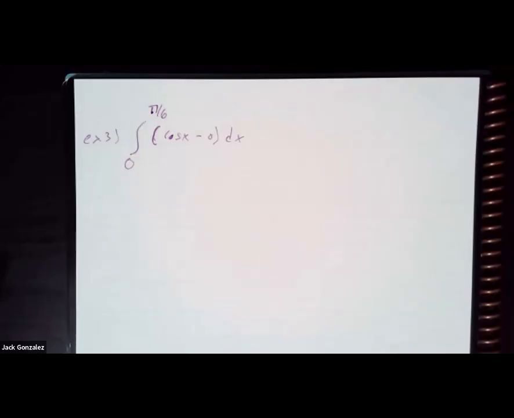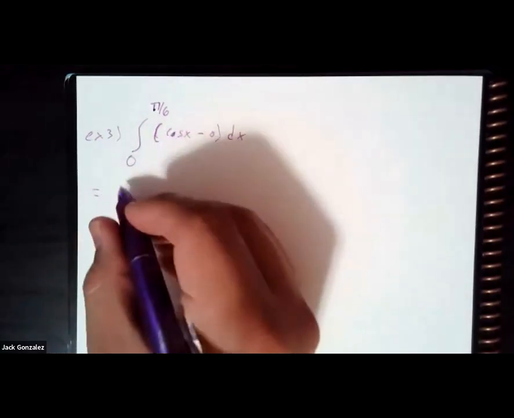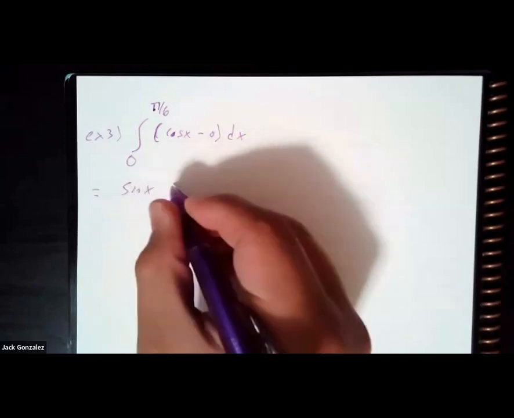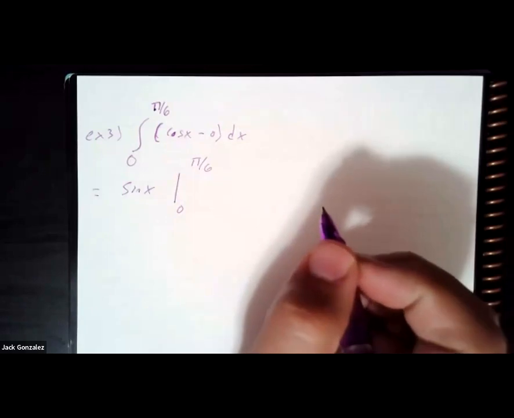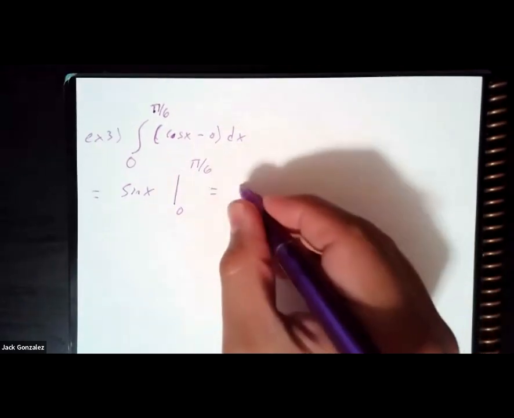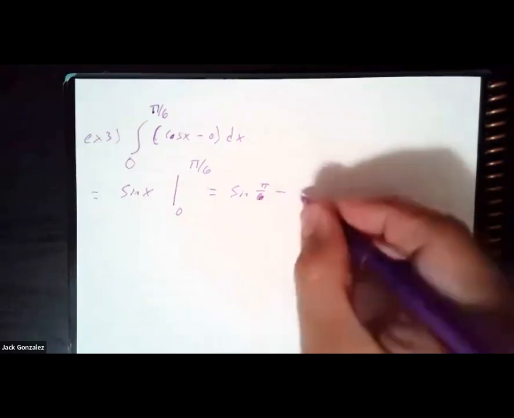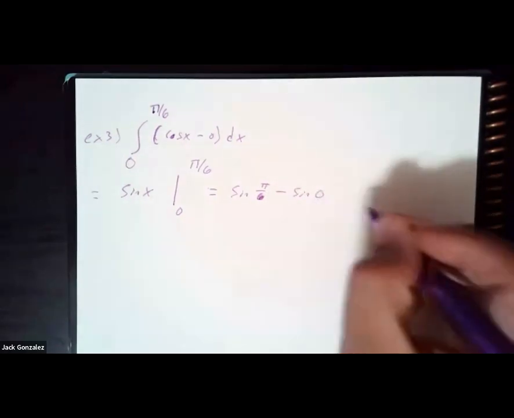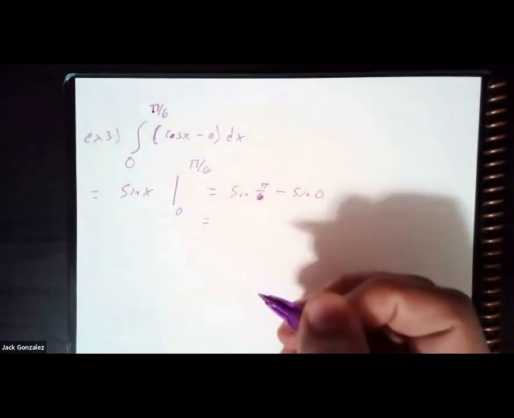The upper part is the cosine, bottom part is the 0. So just integrate this guy. Antiderivative of cosine is going to be sine x. And then go from 0 to pi over 6. So this will be sine of pi over 6 minus sine of 0. What is sine of pi over 6?